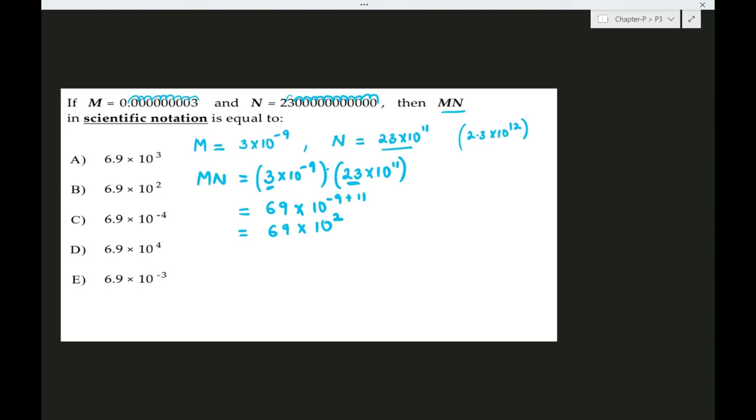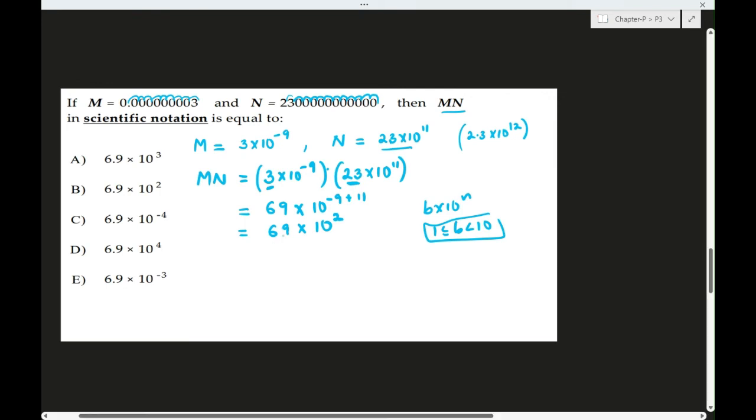Okay. But one thing here is that if we look at this number, it's not in scientific notation yet because here we have a 69. And don't forget, we said if you have a scientific notation, the b has to be between 1 and what? And 10. So we need to rewrite this one. You can write 69 as what?